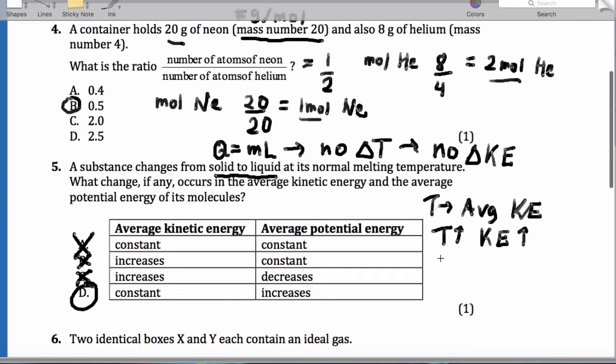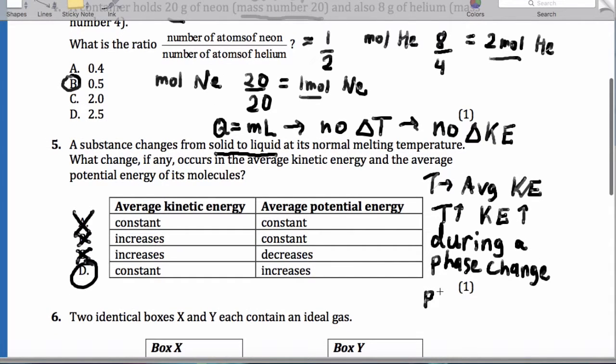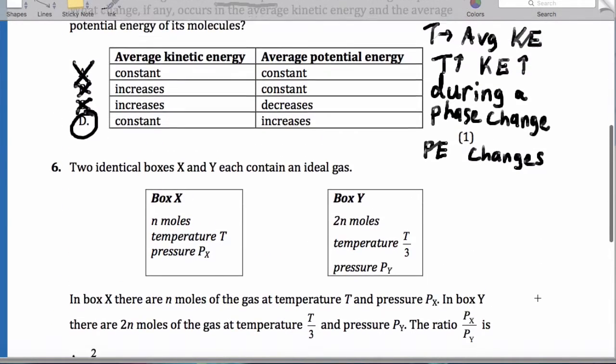The other thing I want to say is that during a phase change, potential energy changes. We don't mean some weird gravity thing. We mean the intermolecular potential energy between the molecules.